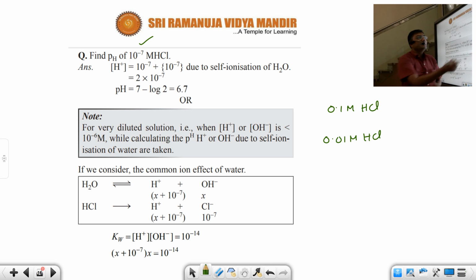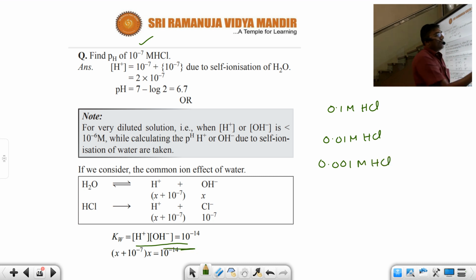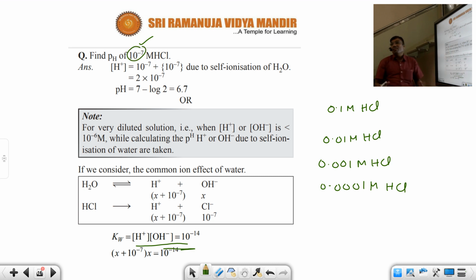I diluted 10 times, because this is 10 power minus 1 and this is 10 power minus 2. Now, let us take 0.001. I diluted 10 times again. Then 0.0001 molar. Again I diluted 10 times. Similarly, 10 power minus 7 means it is a very, very dilute solution, mind you students.